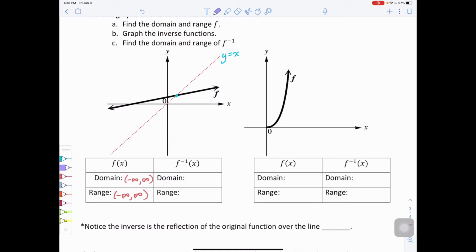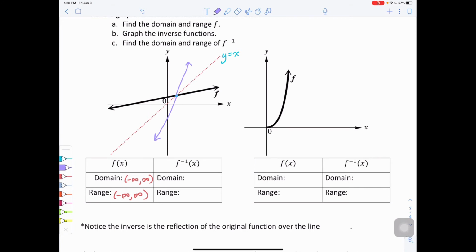And now I'm going to just draw the mirror image of that part of the graph. I'm not going to look at this part anymore. Now I'm going to focus on this part and go ahead and draw a mirror image of that other part of the graph. And let me just see if I can do a little bit better job.